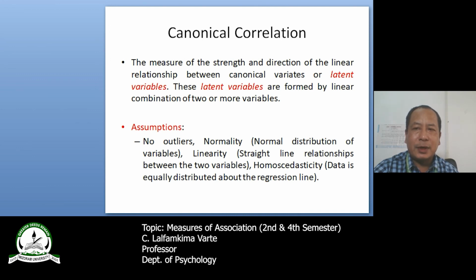Thus, canonical correlation enables the relationship between groups of two or more variables, and it is a multivariate technique with the underlying assumptions of the Pearson product moment coefficient of correlation: no outliers, normality, linearity for each of the individual variables and between the variables.